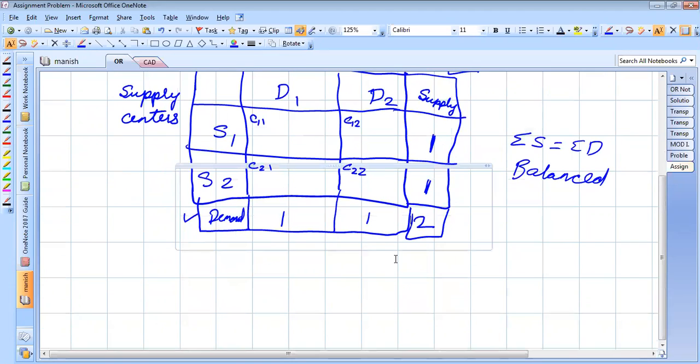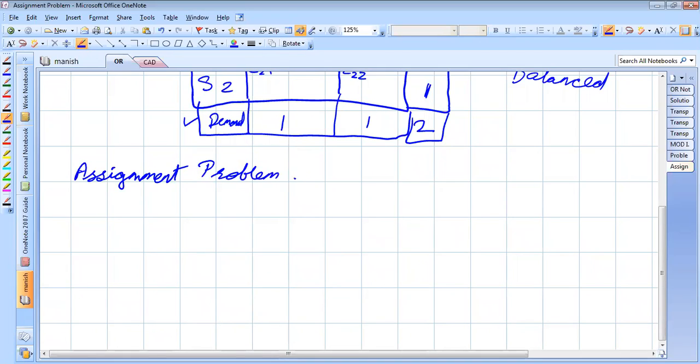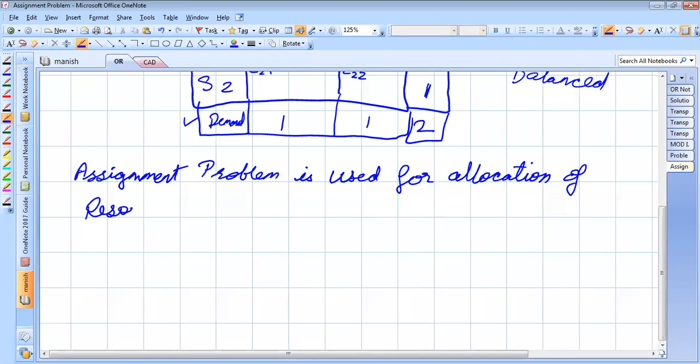What we mean to say here is the assignment problem is used for allocation of resources to demands.